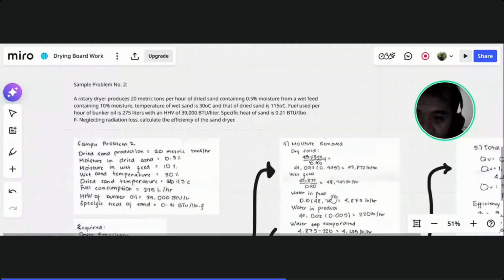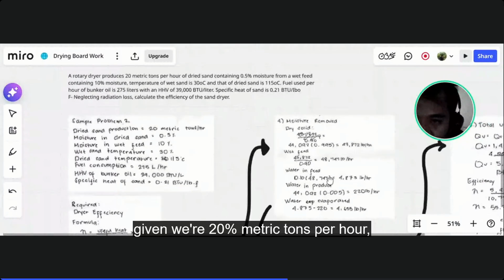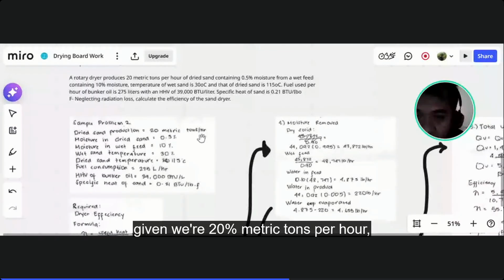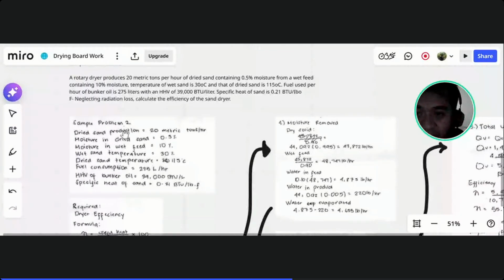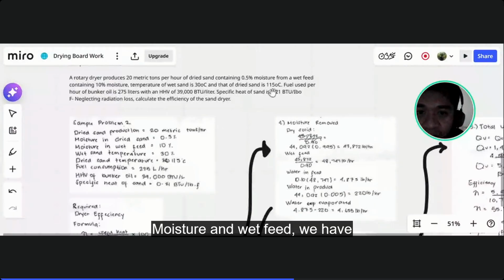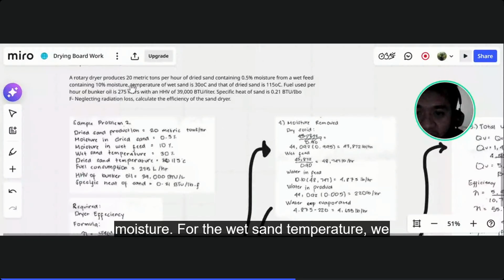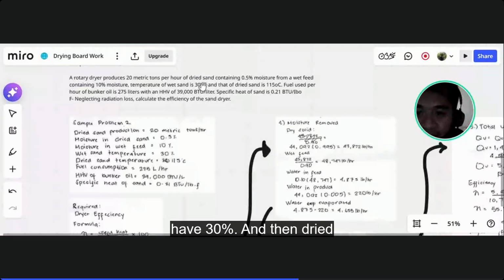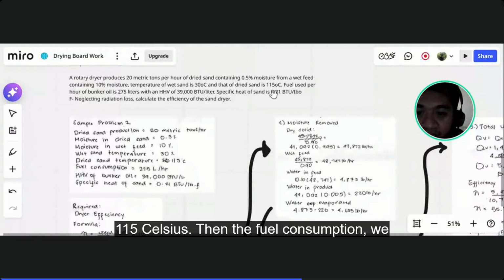Given: 20 metric tons per hour. For the moisture in dried sand, we have 0.05. Moisture in wet feed, we have 10% moisture. For the wet sand temperature, we have 30 Celsius, and the dried sand temperature, we have 115 Celsius.